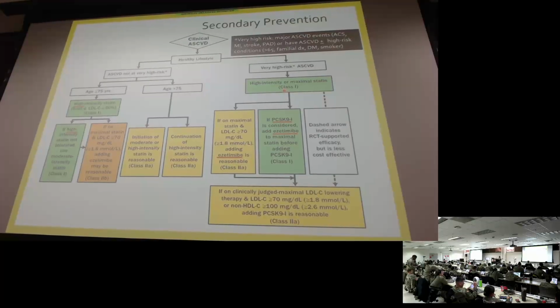But look, we still have the same thing. I'm giving them a high-intensity statin at the maximum dose. If that doesn't work, I add ezetimibe. What I could also do is, and usually we go in this order, even though this is class 2. We'll start at high intensity, we add ezetimibe, and if that doesn't work, then you can see where we go to the PCSK9 inhibitors. Our PCSK9 inhibitors are very expensive. It depends on if we choose to use these or not.